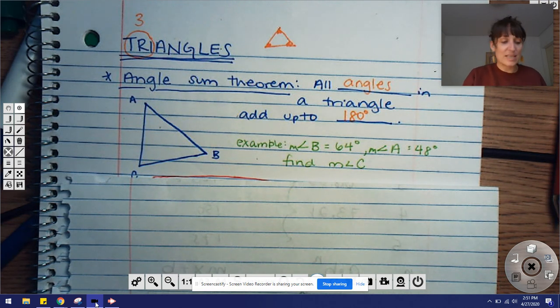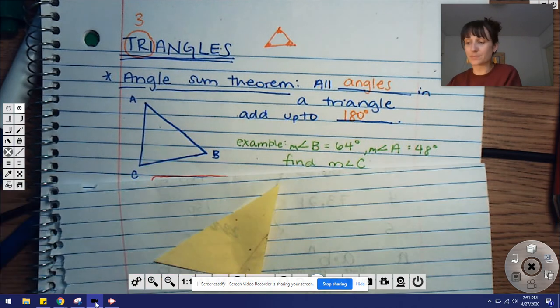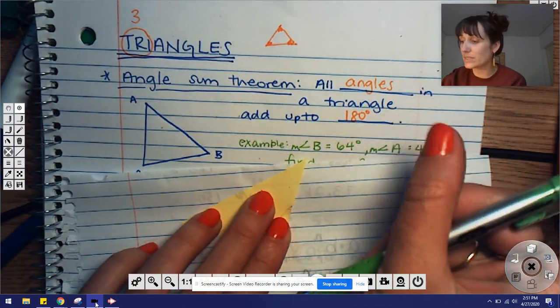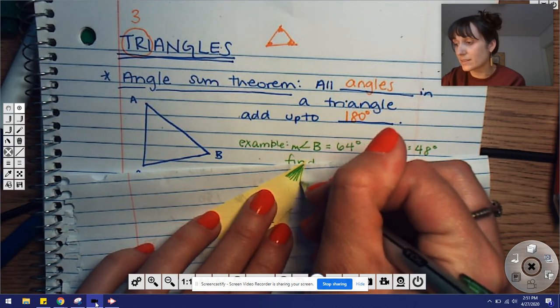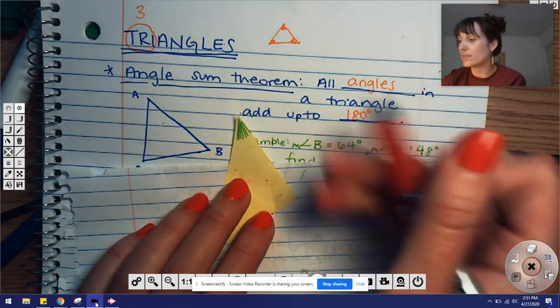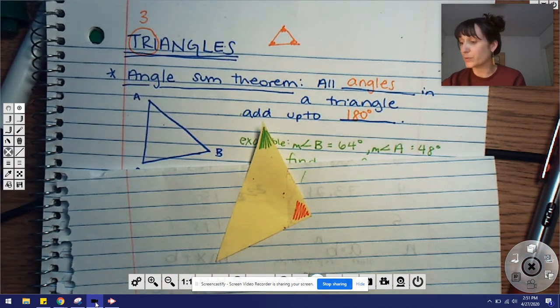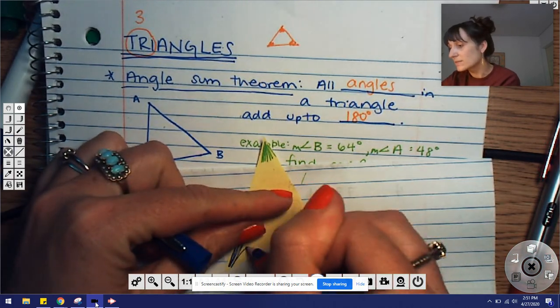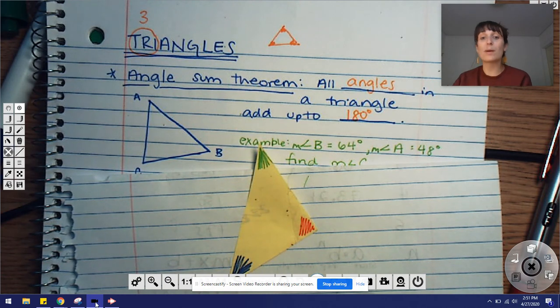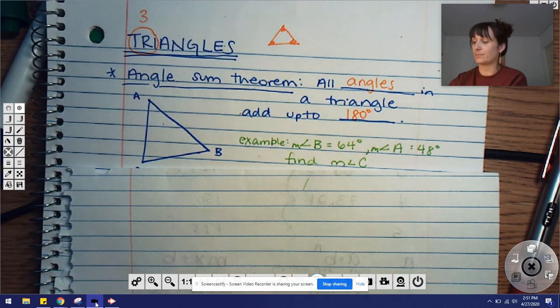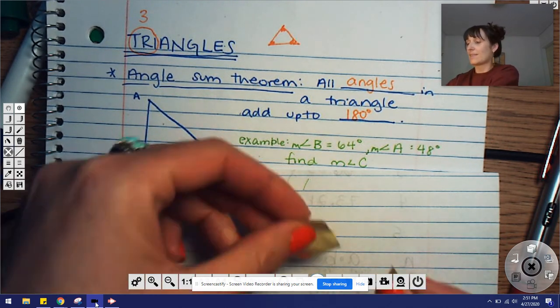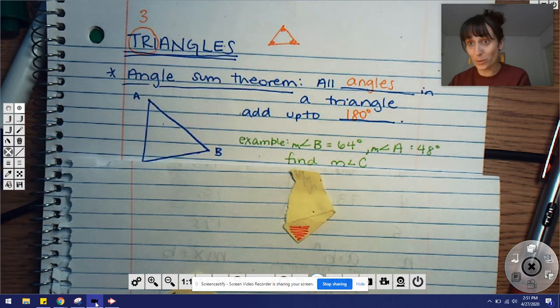There's a really easy visual proof of this. If I have a triangle here, let's say I have one angle that's green, one angle that's red, and one angle that's blue. And I rip up this triangle, and then I put it together so that the corners are together.